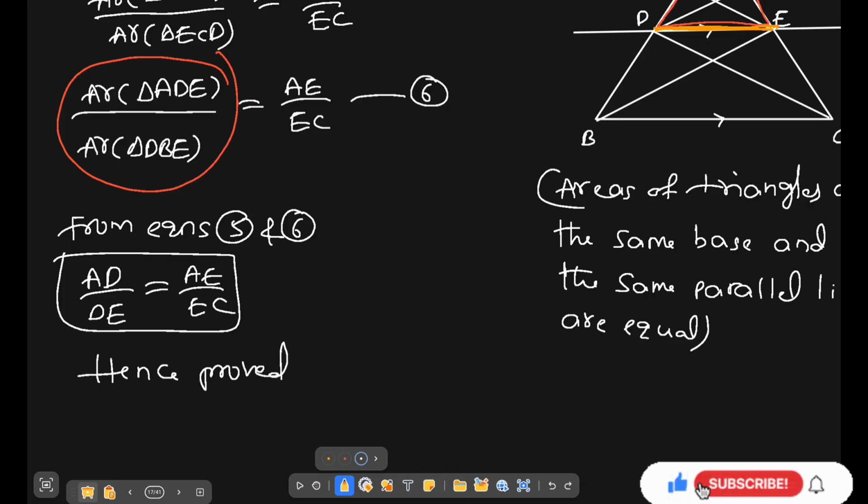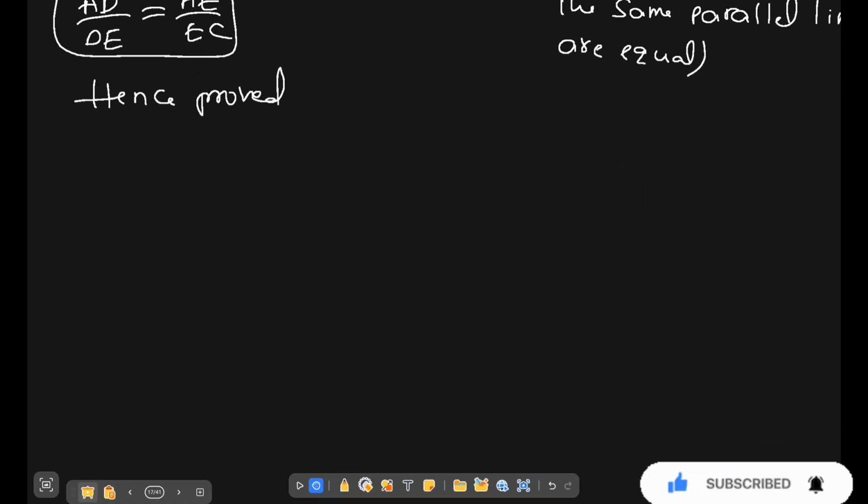Also it is given in the problem to write the converse statement of the basic proportionality theorem. The basic proportionality theorem says: if a line is drawn parallel to one side of a triangle, then that line divides the other two sides in the same ratio.